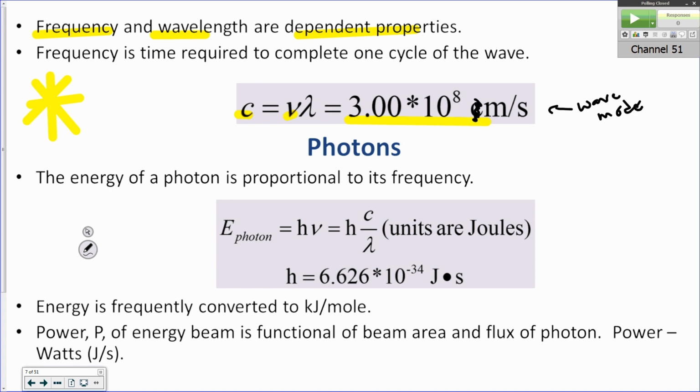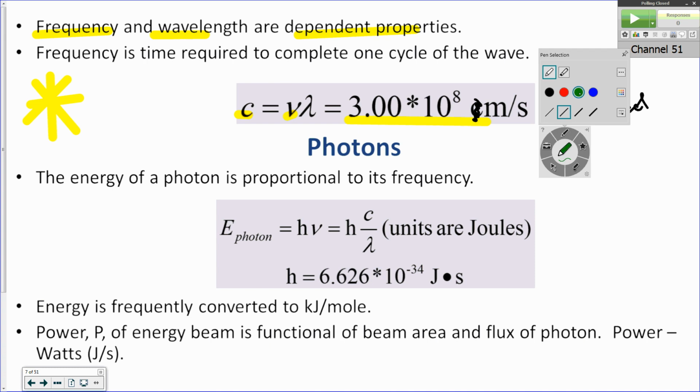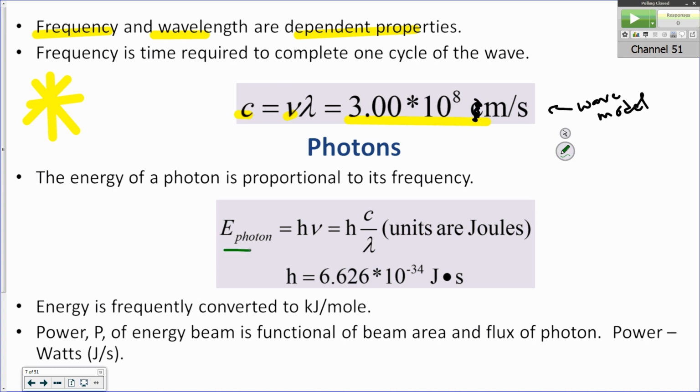As things permeate through space, if we want to think about it in the photon model, we have to look at it as a discrete bundle of energy permeating through space. So with each photon, the energy of the photon is equal to h nu, where h is Planck's constant and nu is the frequency that we just described above.